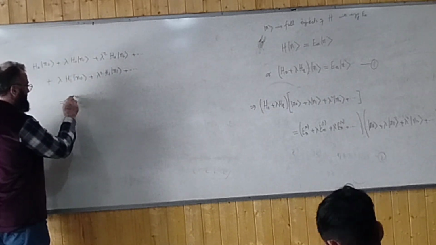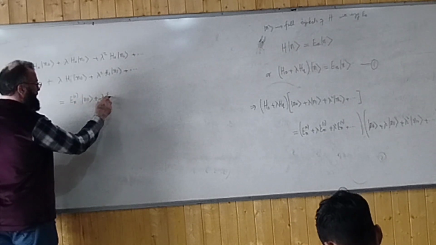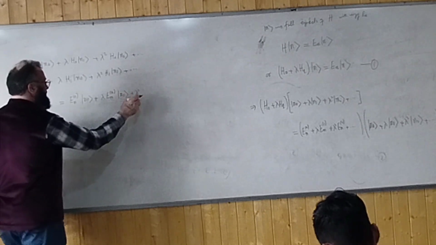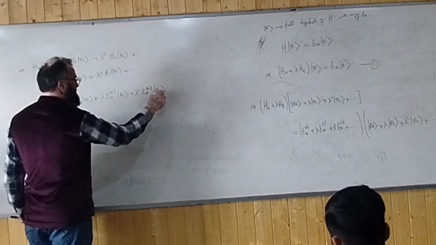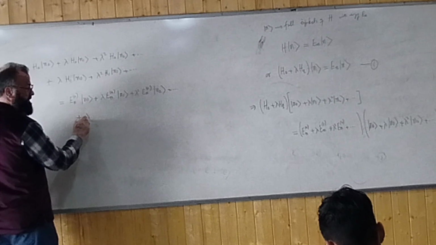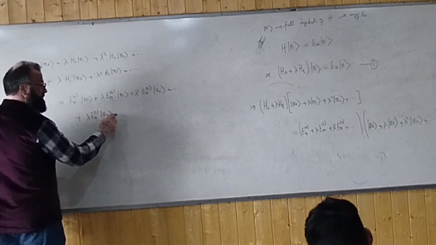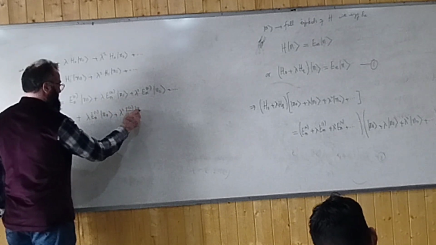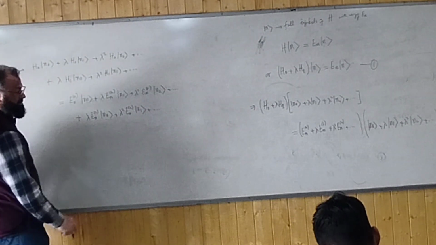That's equal to En0 |n0> plus lambda En0 |n1> plus lambda square En0 |n2>, then lambda En1 |n0> plus lambda square En1 |n1>, and the rest will be lambda cube terms.